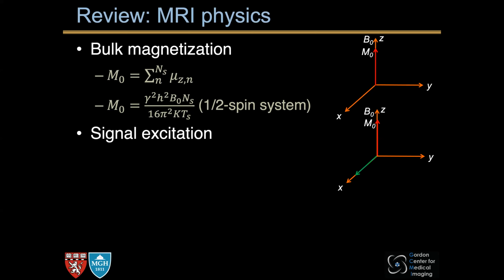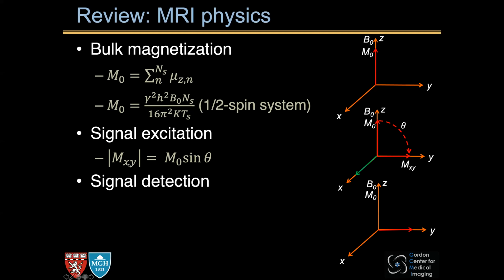The RF field is only applied for a very short period of time, let's say a few milliseconds. The role of the RF field is to rotate this bulk magnetization vector from the equilibrium state along the z direction to the transversal plane. So this is the relationship we have with signal excitation.